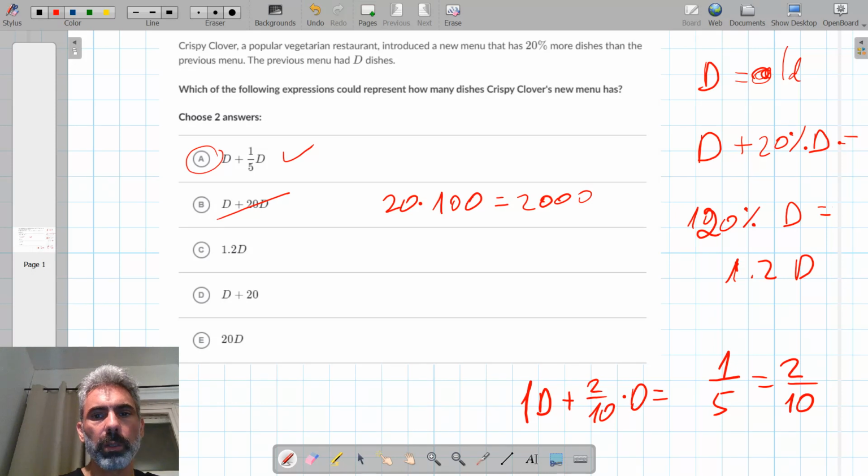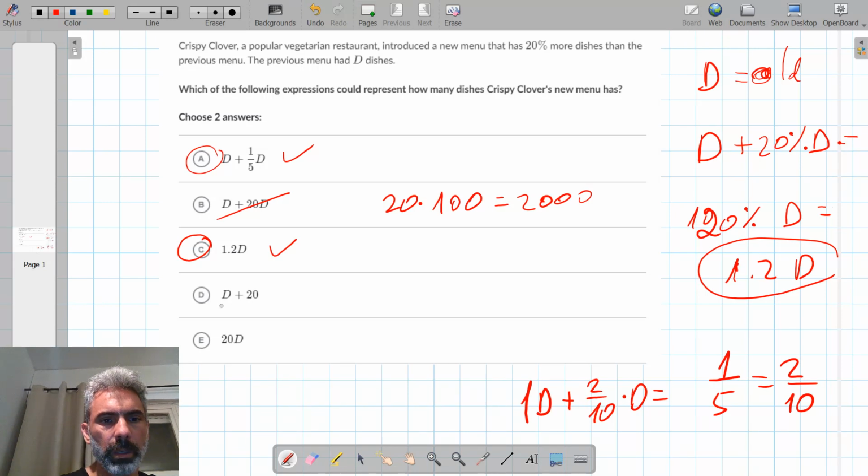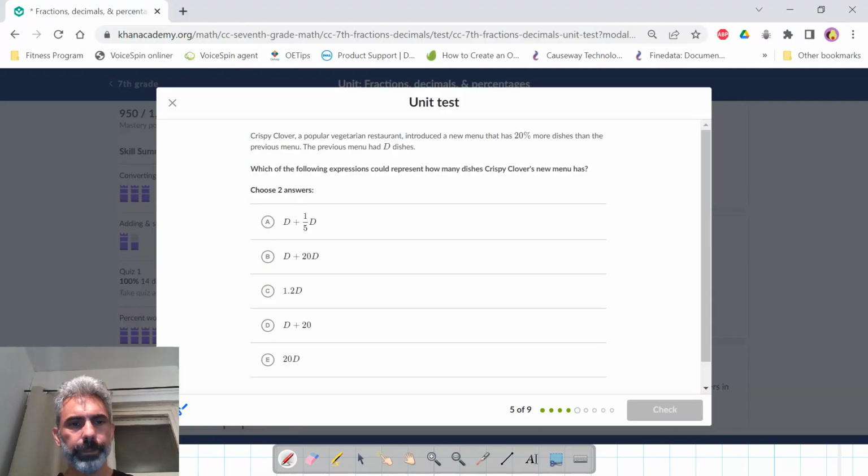So it's 2100%. So this is incorrect. 1.2D is correct because 1 represents 100% and 0.2 is 2/10, which is 20%. So this is also good. A and C. D plus 20 is incorrect and 20D is incorrect. Okay, so A and C.